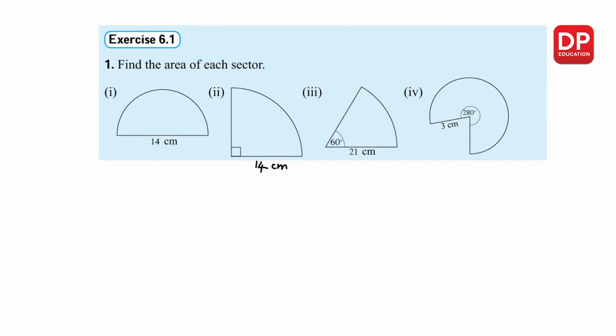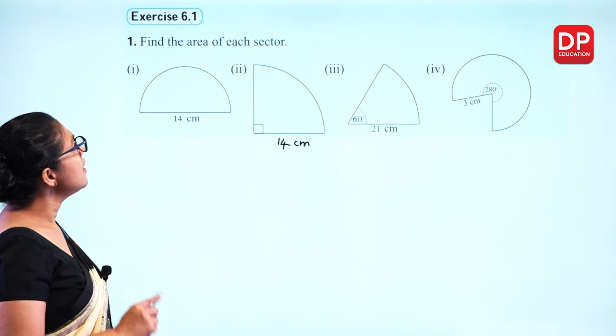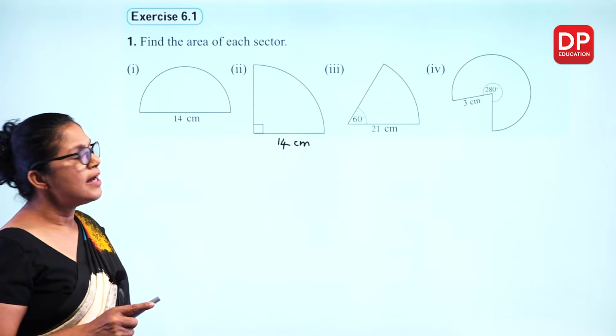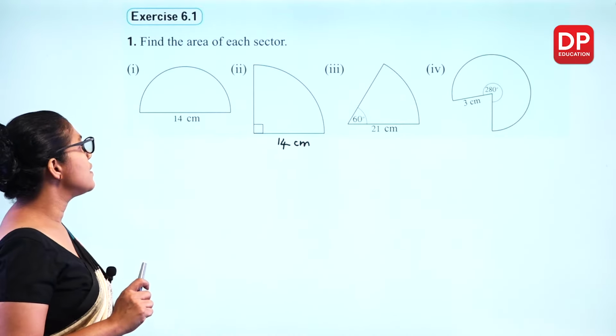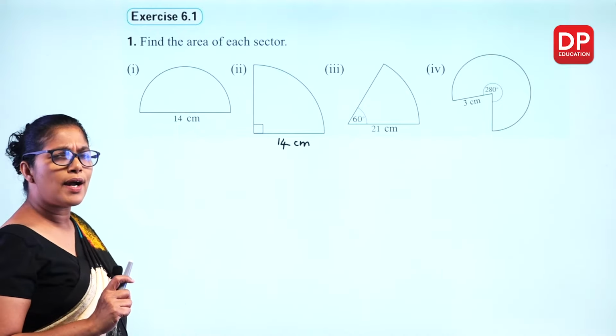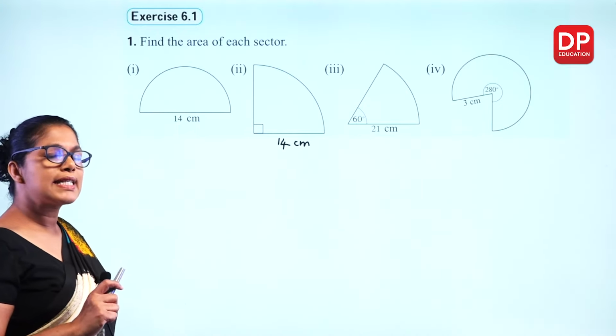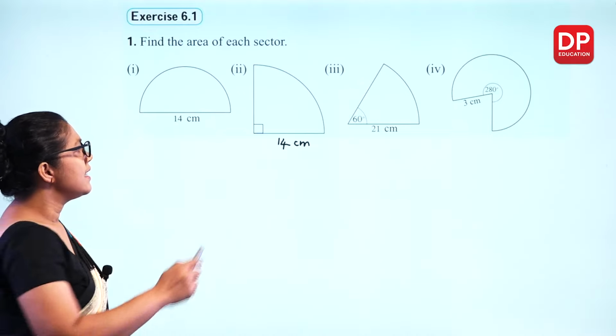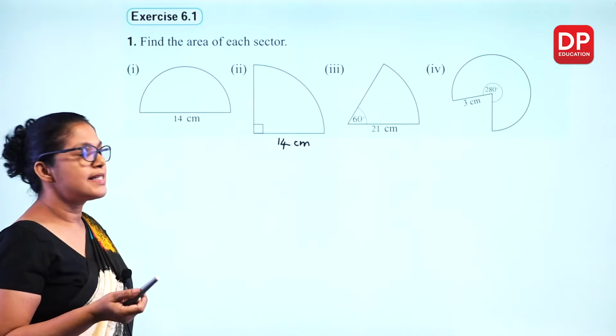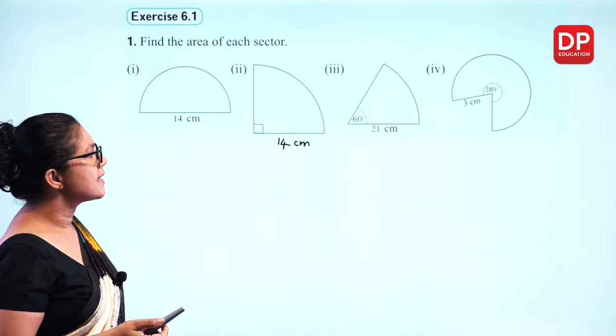Now we'll look at exercise 6.1 in your textbook. Here all these are sectors, and you are asked to find the area of each sector. What's the first one? It's a semicircle. So what's the angle at the center? It's 180. In this shape, the angle is 90. That's a quarter of a circle.